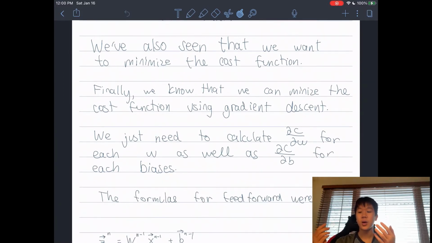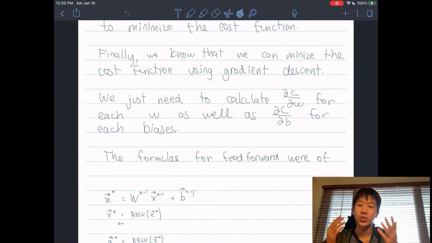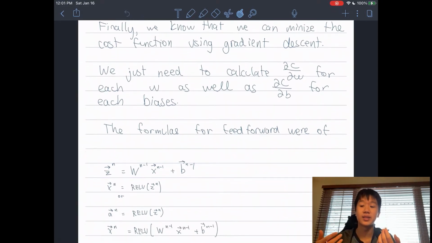And finally, we know that we can minimize the cost function using gradient descent. And how do we do that? We just need to calculate del C over del W, that is the partial derivative with respect to the weight, for each weight, as well as del C over del B, so the biases, for each bias.